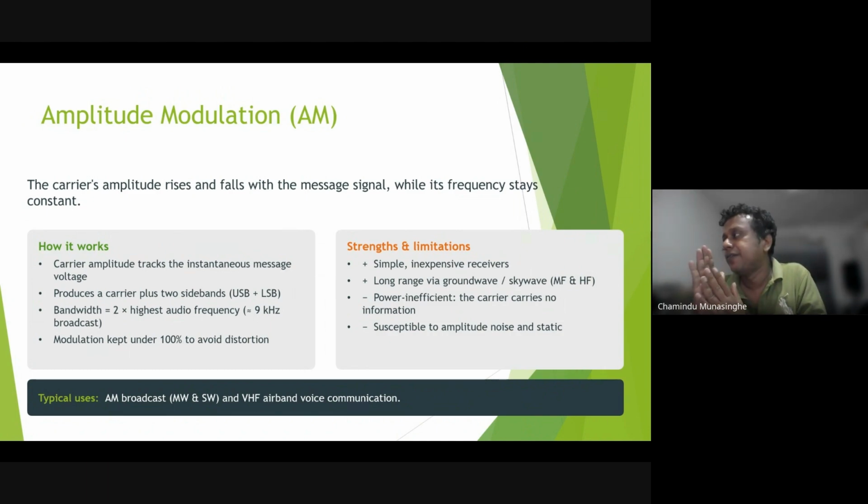The frequency component of the carrier doesn't carry any intelligence or data. The data is carried on both sidebands equally, right? So now, what are the strengths and limitations of amplitude modulation? The biggest advantage of AM is that the receiver is fairly simple, right?